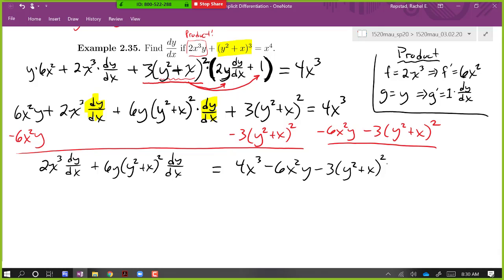What comes next in this process? Factor out dy/dx. Perfect. Right, we've got all of our dy/dx's on one side, so let's factor it out. Inside now we got 2x cubed plus 6y, parentheses y squared plus x squared.